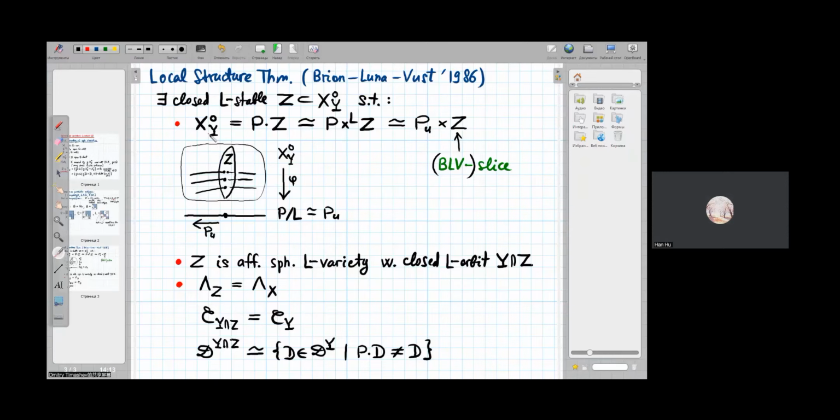Well, so this is the statement of the local structure theorem. And now I would like to turn to the proof.